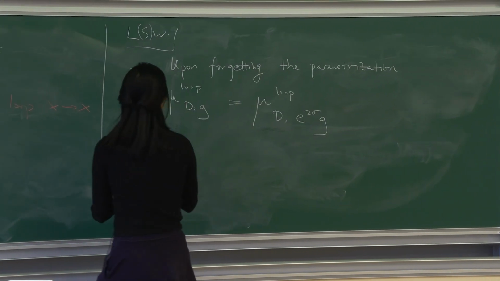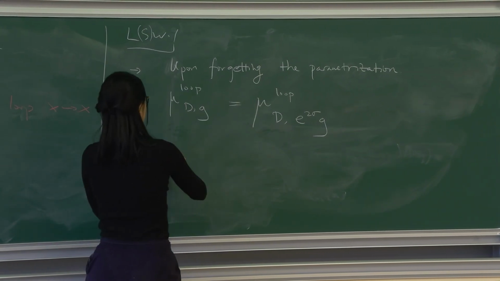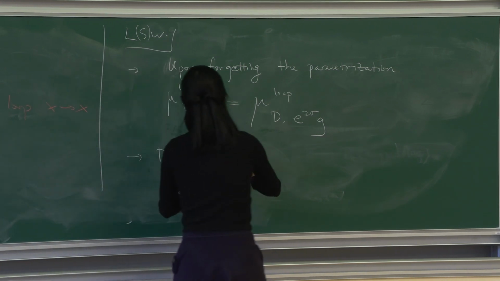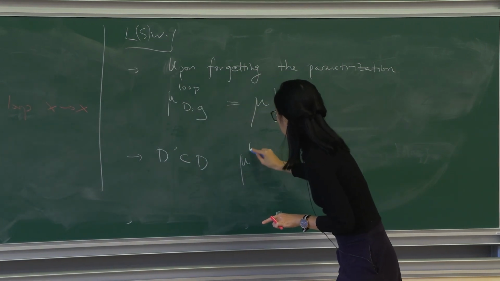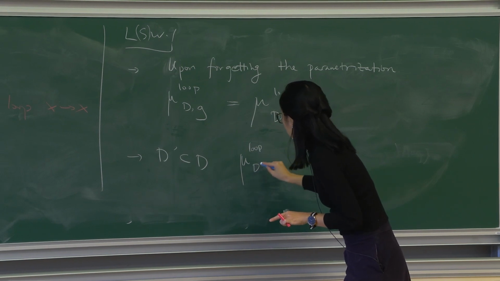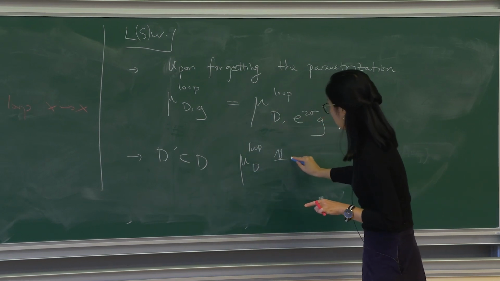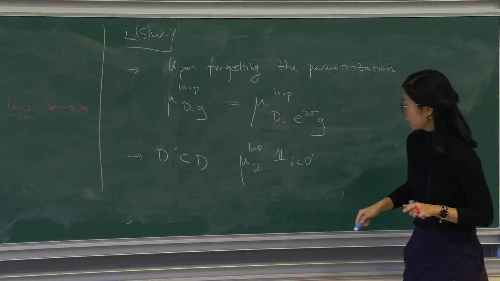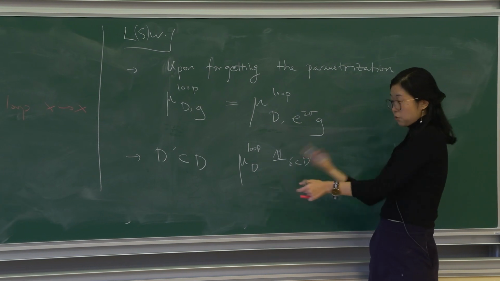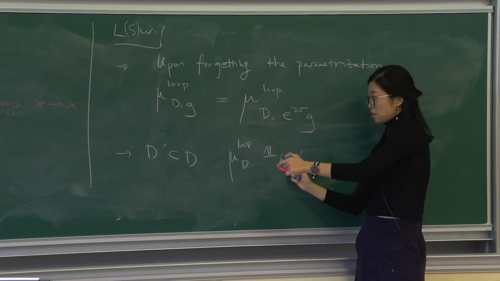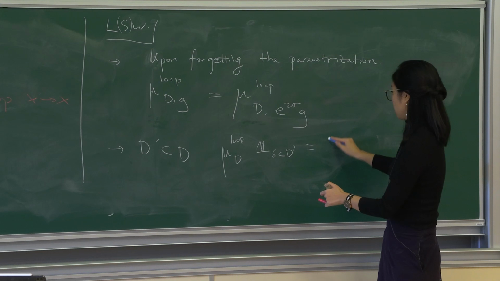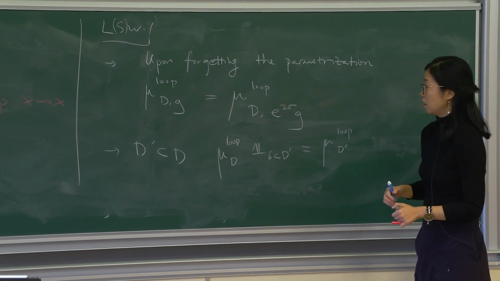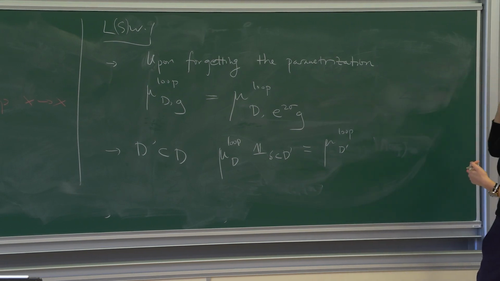The second property is that if I have D prime inside D, and I look at the loop measure of D restricted to the loops included in D prime, an infinite measure, and then I throw out those loops which touch the boundary of D prime, this measure is the same as the loop measure of D prime, which follows from the construction.